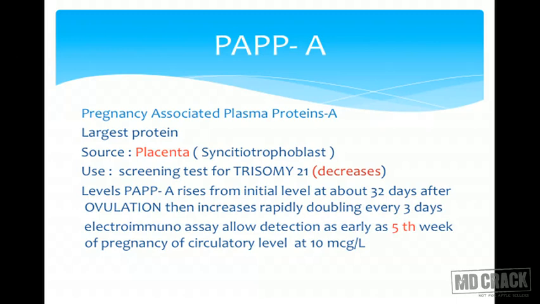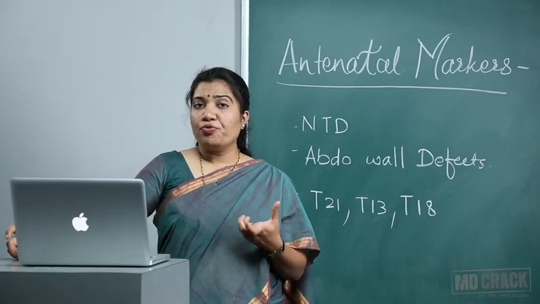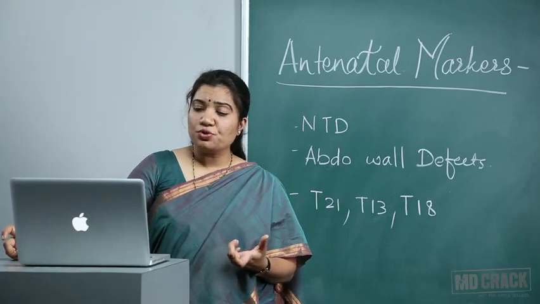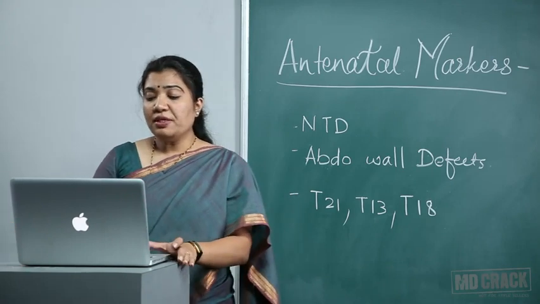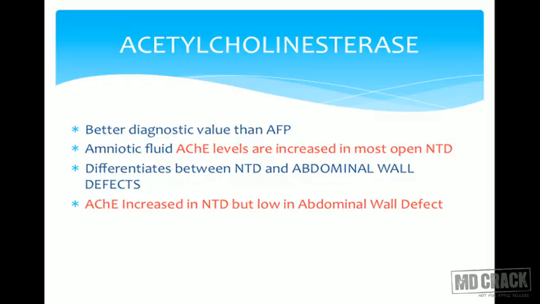Level of PAPP-A rises from initial level at about 32 days after ovulation and then increases rapidly, doubling every 3 days. Electroimmunoassay allows detection as early as the 5th week. This is a very sophisticated test, but sensitivity is also very high. So that is why it is used in screening of chromosomal defects.